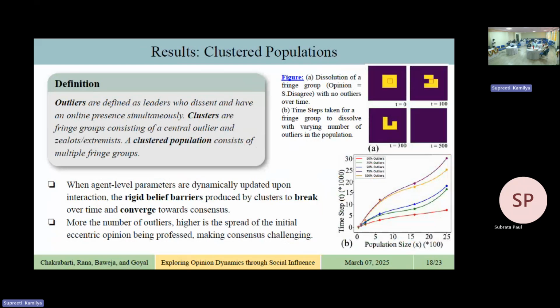We are only considering the dissolution of the clusters, not the formation. So we see that when a single powerful agent has a lot of effect on its followers, the cluster dissolves over time if there is no other person willing to accept that and continue.